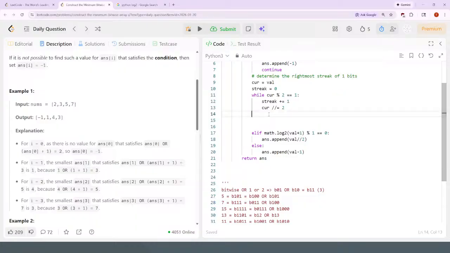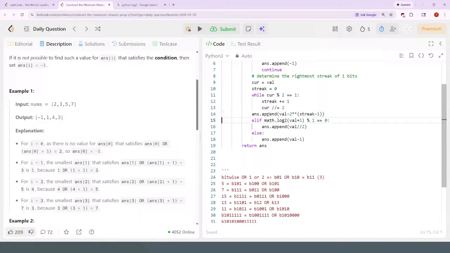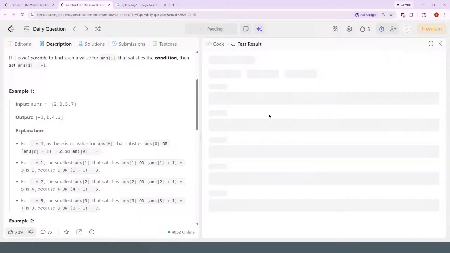So I think it's something like answer append the original value minus 2 to the power of streak minus 1, something like that. I think that might be right.